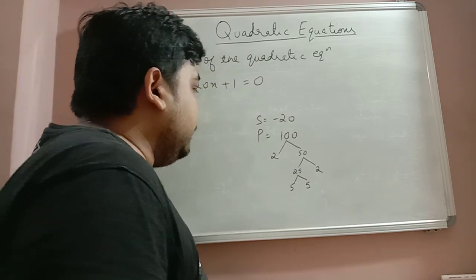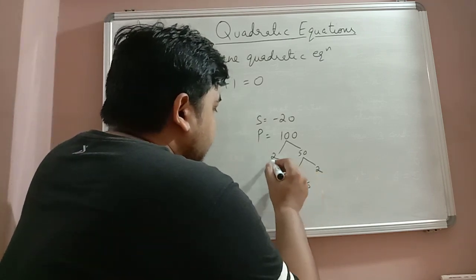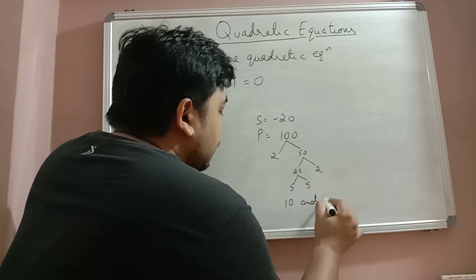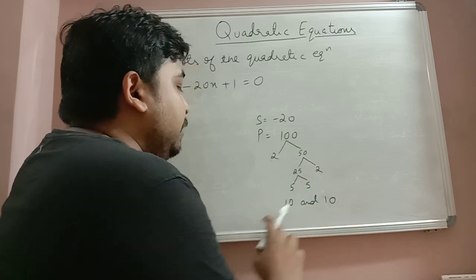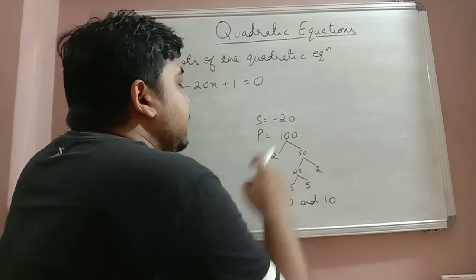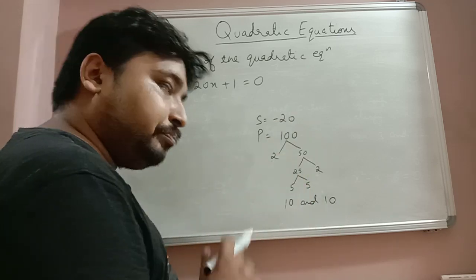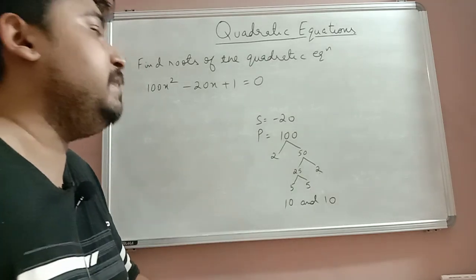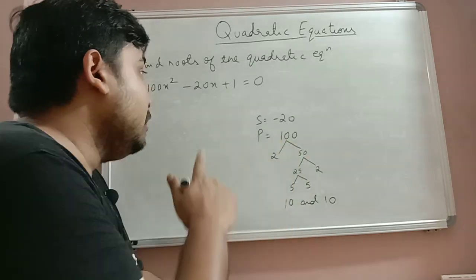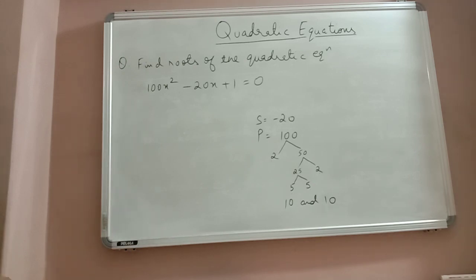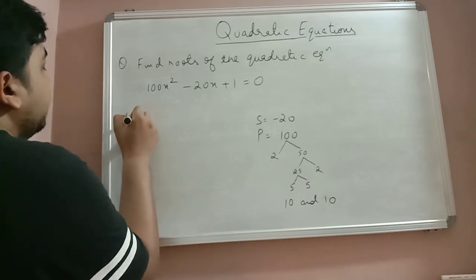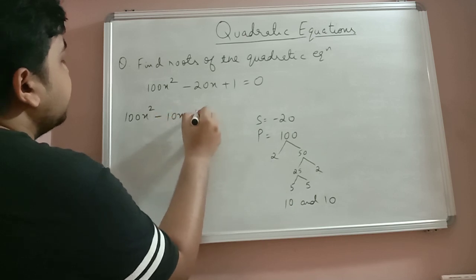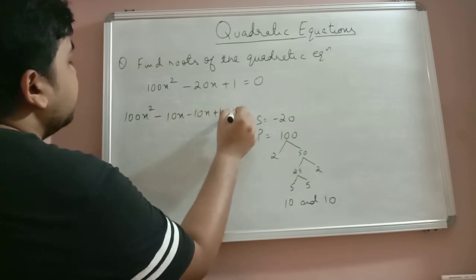Now if I multiply 5 with 2 and 5 with 2, I'll get 10 and 10. Now 10 into 10 is 100 and 10 plus 10 is 20. Again, if we take minus signs, minus 10 and minus 10 multiplied will give me 100. So here the numbers are minus 10 and minus 10. So 100x square minus 10x minus 10x plus 1 equals to 0.